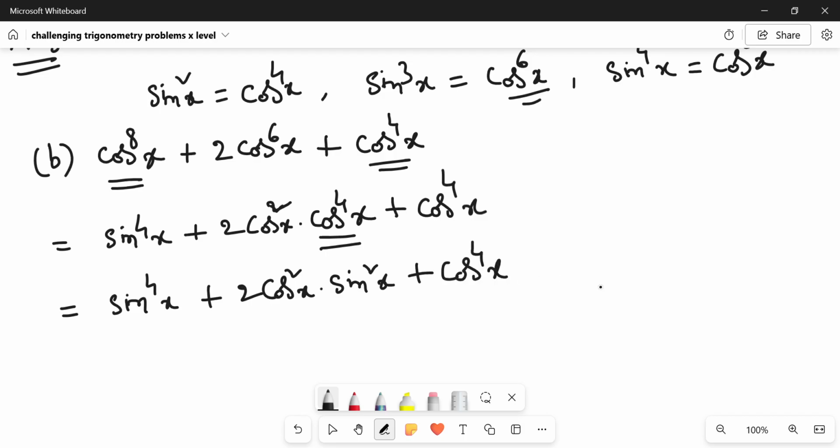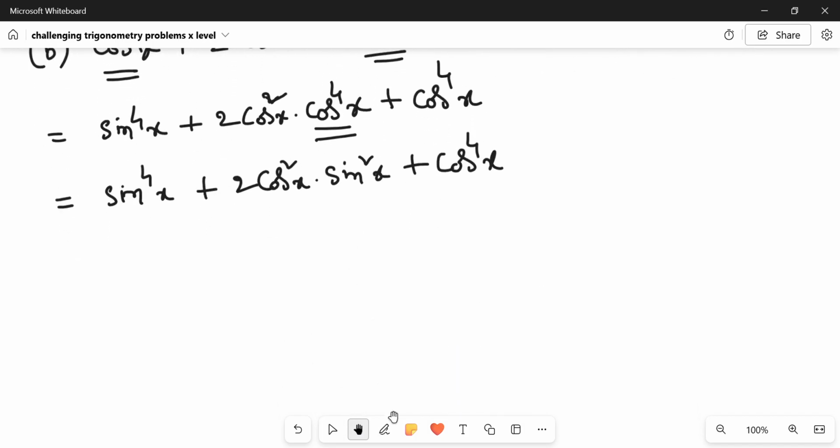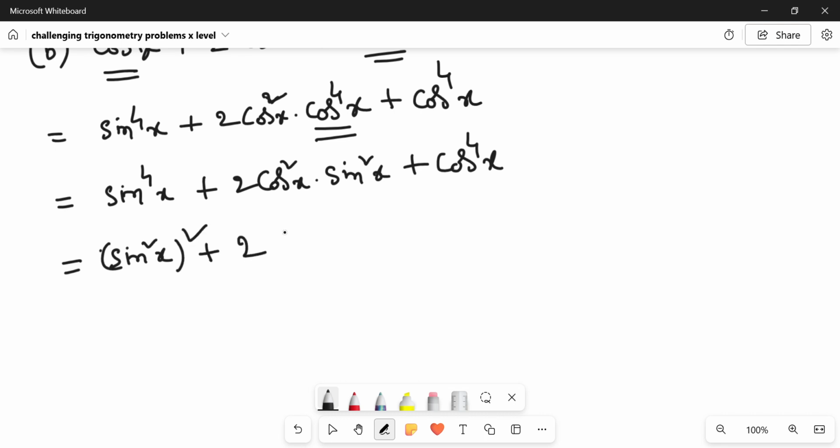Let's write the next part. Afterwards it's pretty easy. I can write this as sin square x whole square, plus 2 sin square x cos square x, plus cos square x whole square.